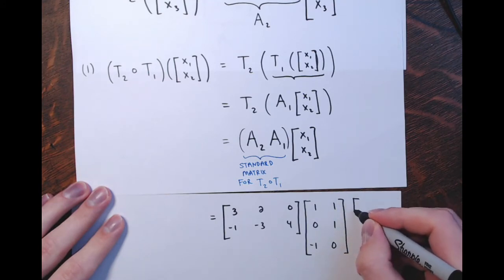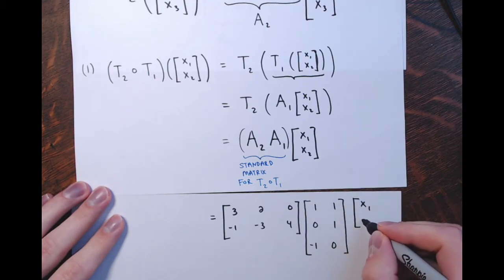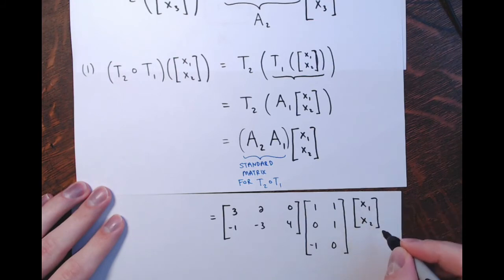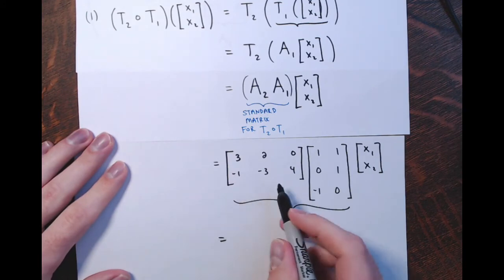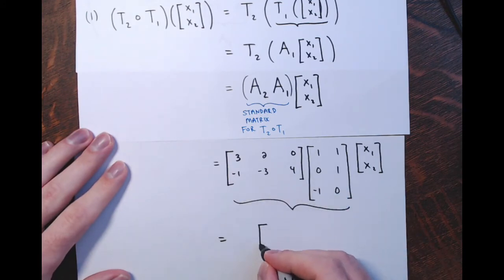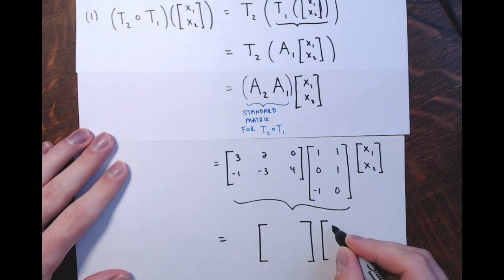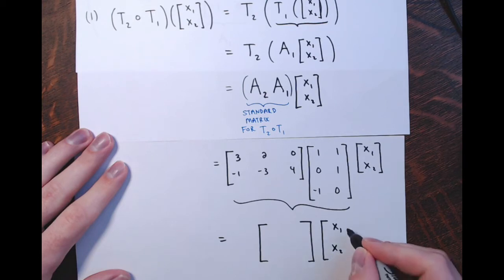And then again at the end here times that original input vector x1, x2. All right, so in multiplying these matrices, A2 times A1. Now, this is a 2 by 3 times a 3 by 2, so it'll end up being a 2 by 2 matrix here. Again, that input vector just stays throughout.